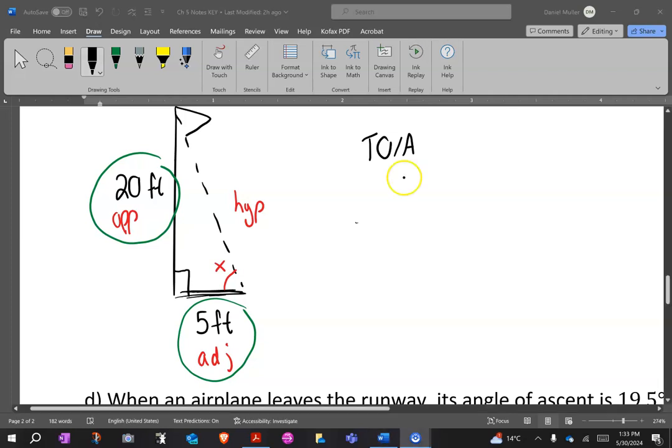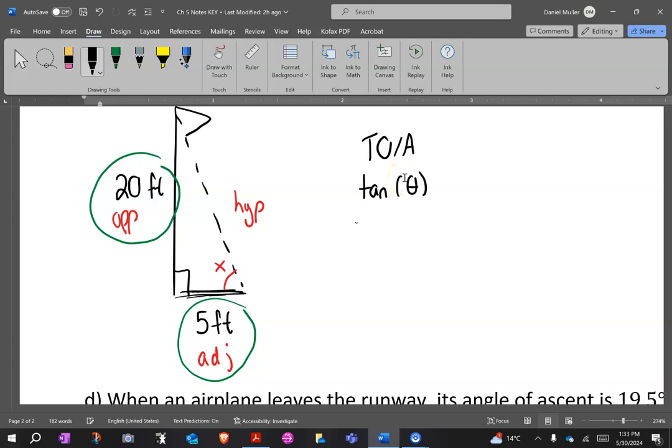So let's write the formula. Tan of theta equals opposite over adjacent. Tan of x equals opposite, which is 20, over adjacent, which is 5, which is just a 4.